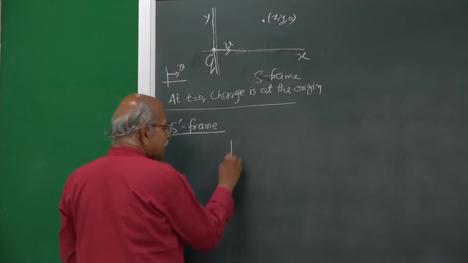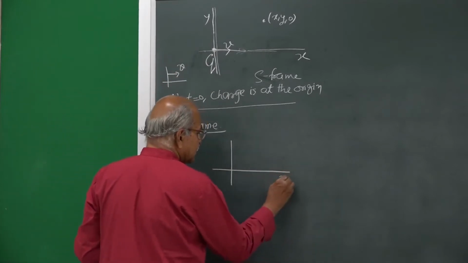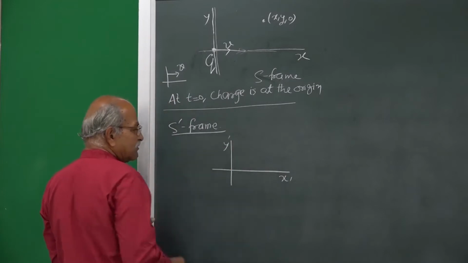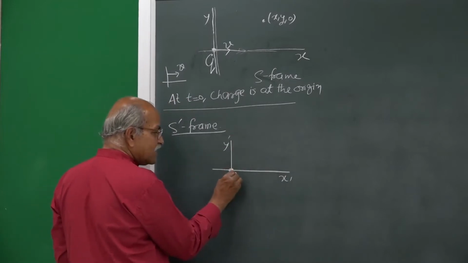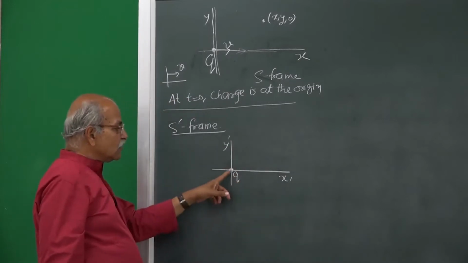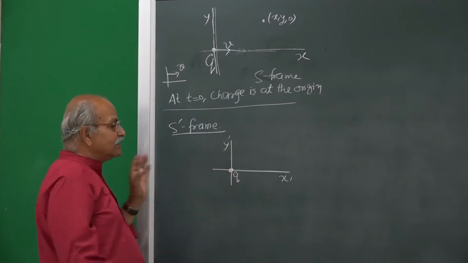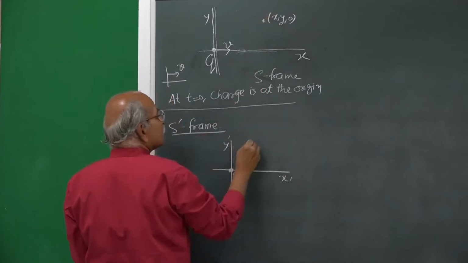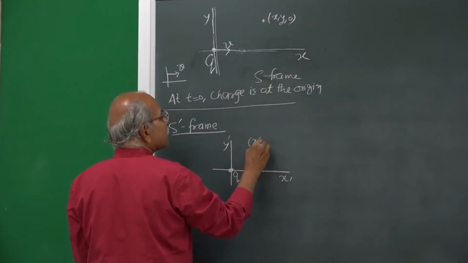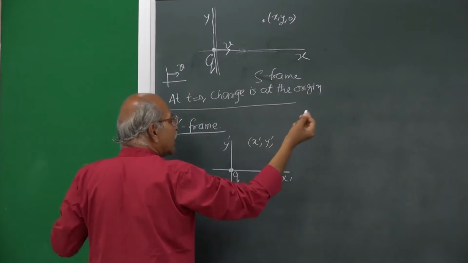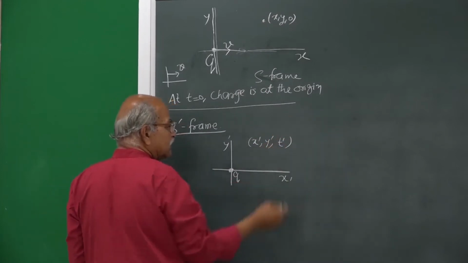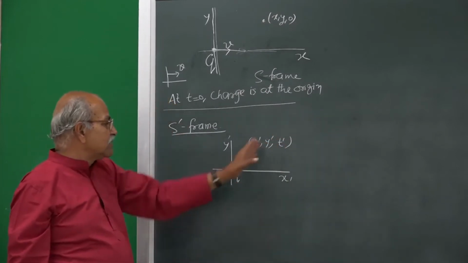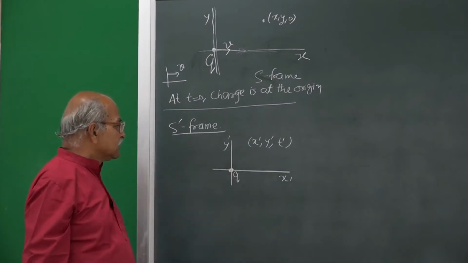So, in S prime frame, this is the situation, this is x prime axis, this is y prime axis, the charge is all the time here, the charge is all the time sitting here, and then the point corresponding to this will be x prime, y prime, and t prime I am not concerned with, because here t prime does not make any difference.